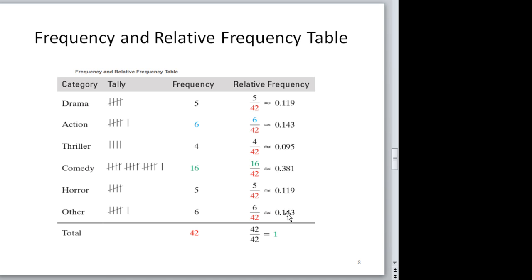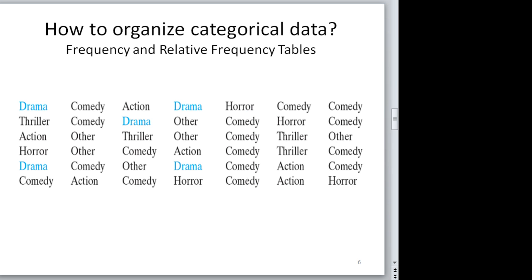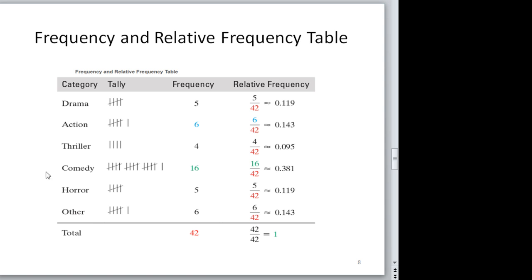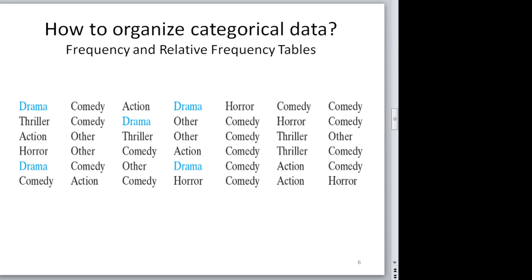And for example, 11.9%, or you can say 12%, approximately 12% likes horror movie, and so forth. Compared to this, that gives you a lot more information than the original raw data.